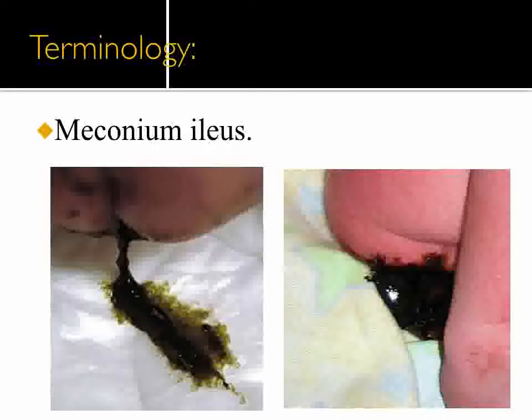So the high protein content results in a very thick, viscid, tenacious meconium that fails to pass down its stream, so it occludes the terminal ileum. So meconium ileus is a sort of intestinal obstruction due to very thick, viscid and tenacious meconium that adheres to the wall of the terminal ileum, producing the picture of distal intestinal obstruction.